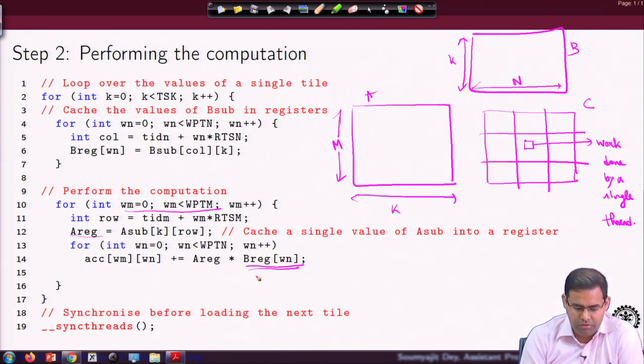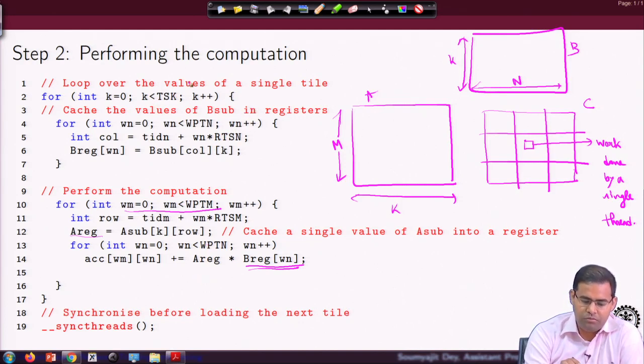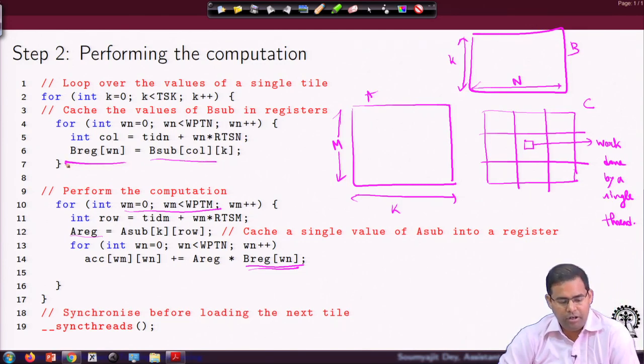What is important to note is that every thread has some per thread activity. For every thread, for each tile, you have some per thread activity. So, this is the per thread activity for a thread in one tile. For that single tile, you first figure out what values you are supposed to load, and this is where the thread's loading of values from the shared memory to the registers is done.